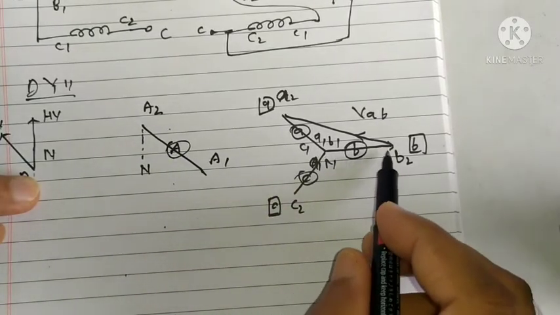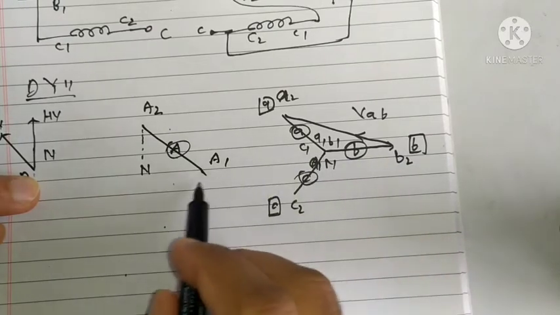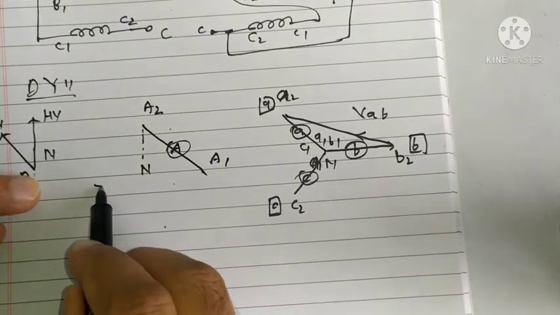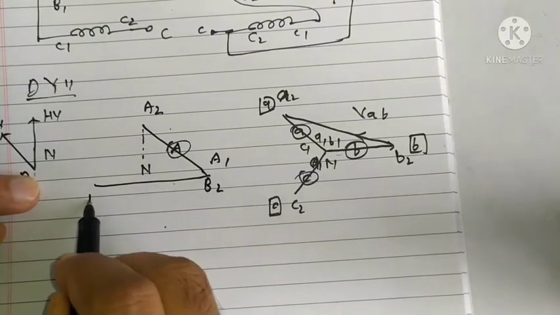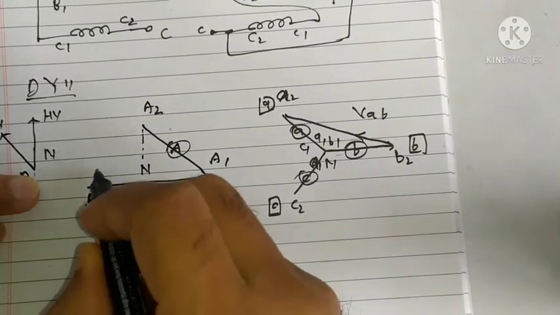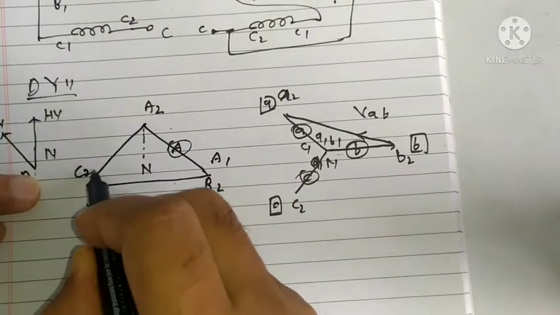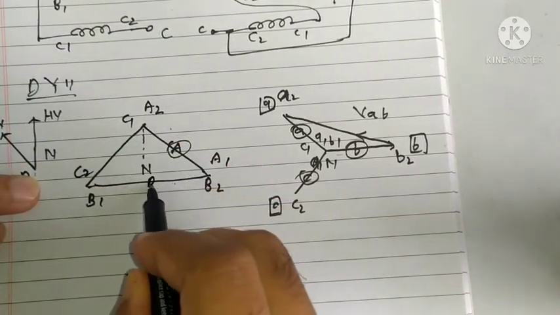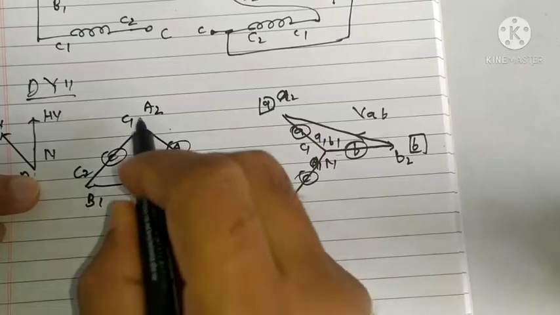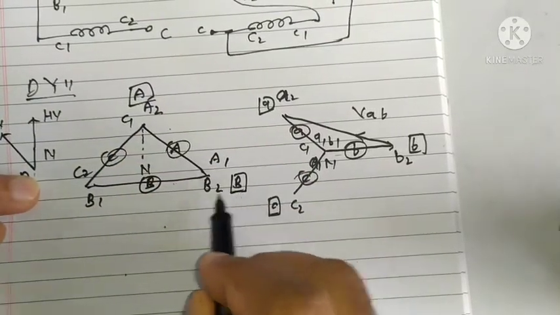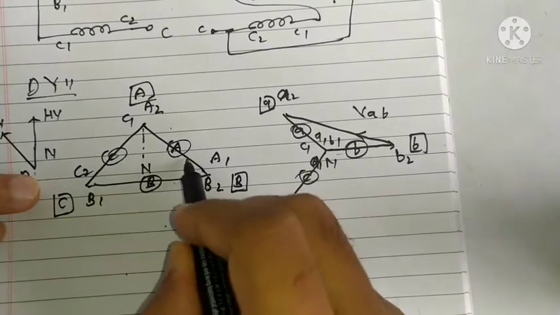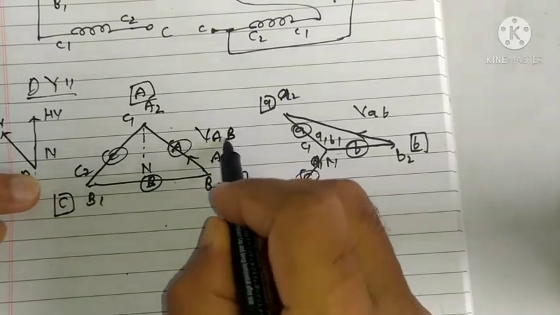B2 B1 will be drawn parallel to this B arm. It is B2 B1, and this will be C2 C1. This is B arm, this is C arm, this is terminal A, terminal B, terminal C, and this voltage is VAB.